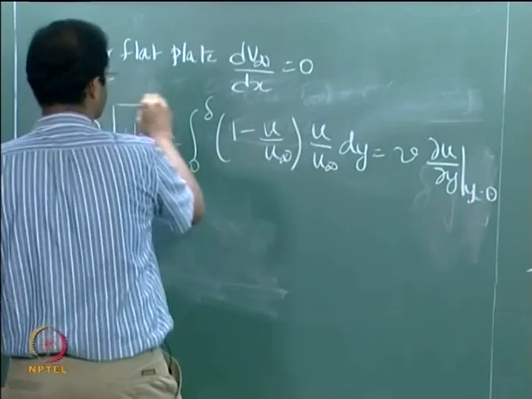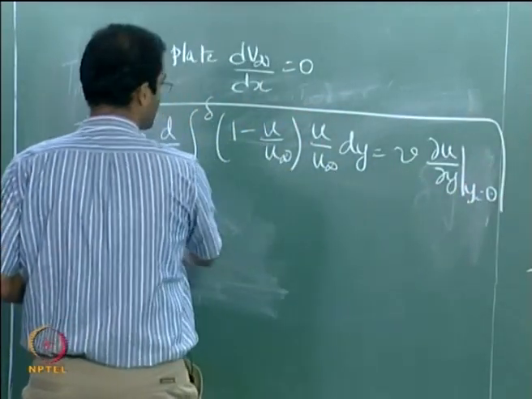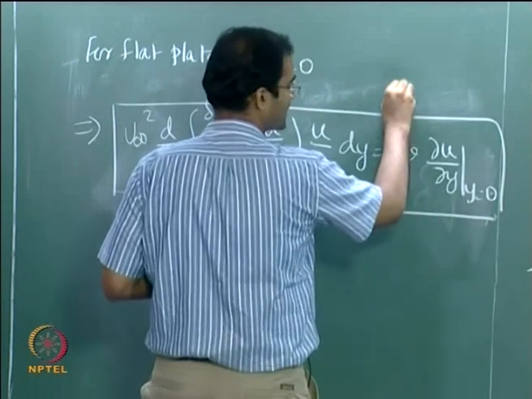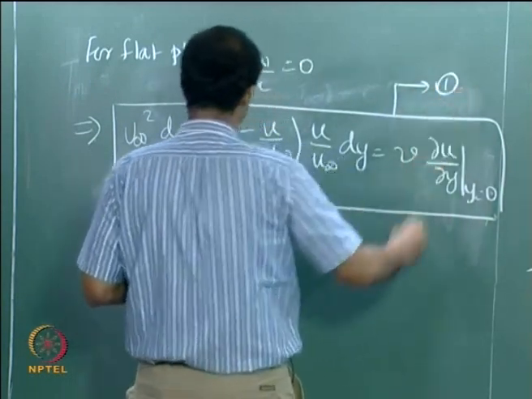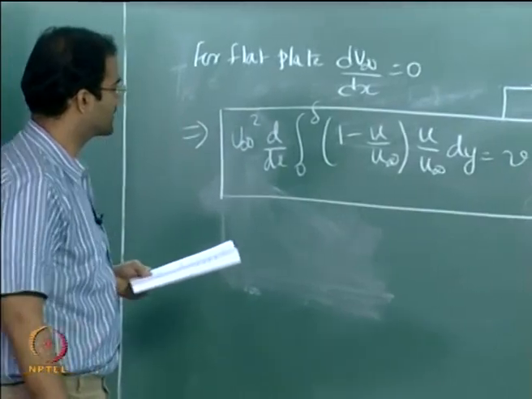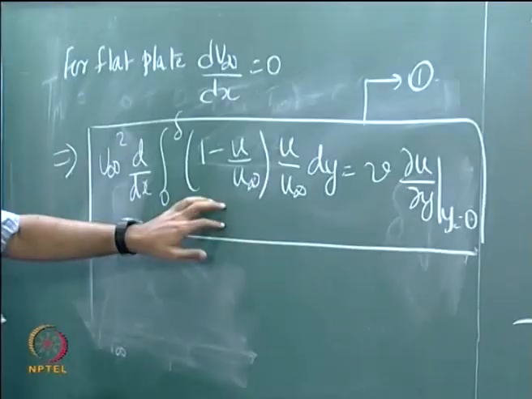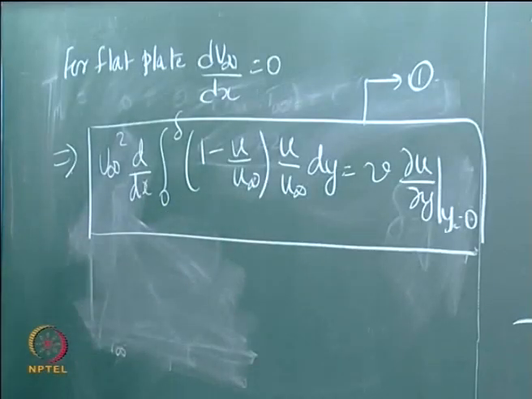So this is the integral momentum equation for flat plate. Let me call this as number 1. This is the one form that we will be using to substitute all our approximate profiles.